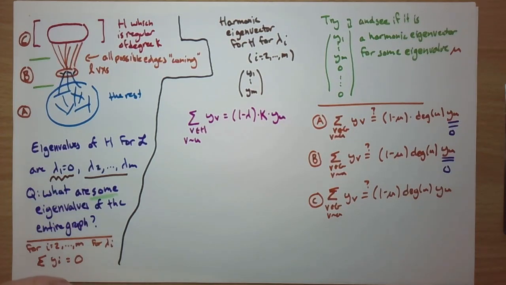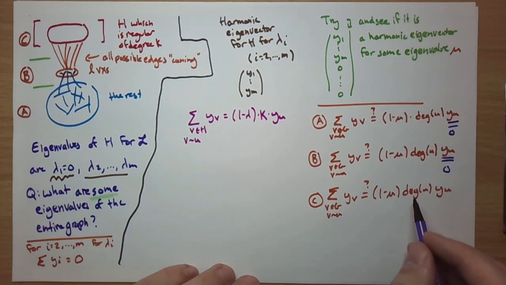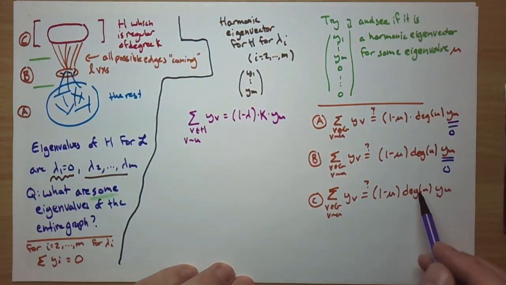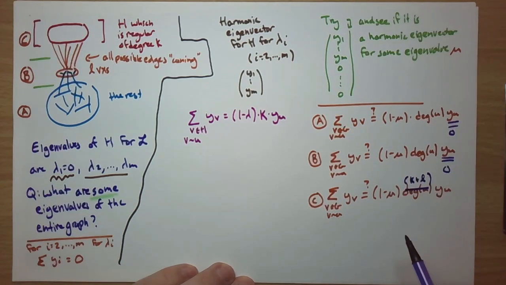But now things actually go on. The degree upstairs on our top level, we actually know that. What is our degree upstairs? K plus L. And really, vertices in G, but the only times that we get anything non-zero is when we're in H. And now we say, well, isn't that interesting?